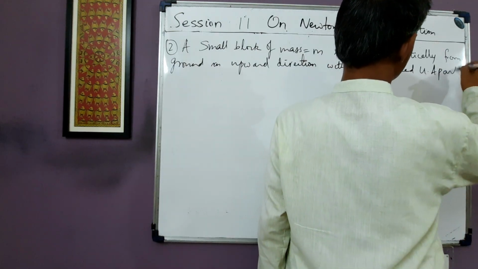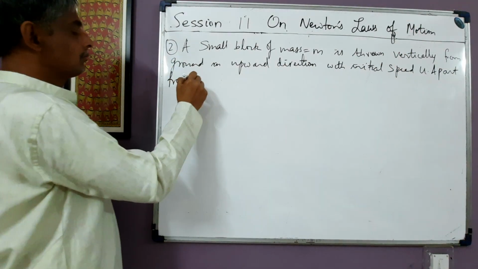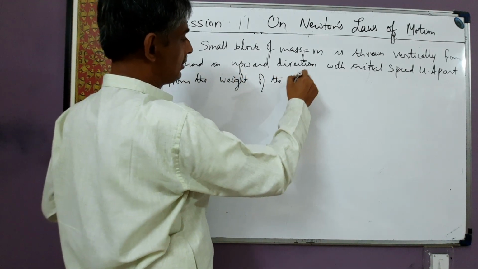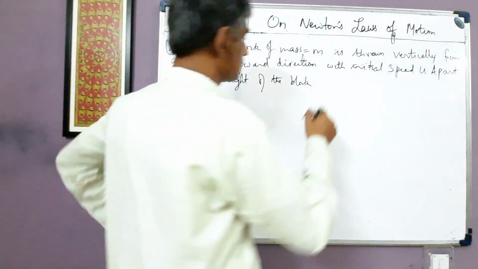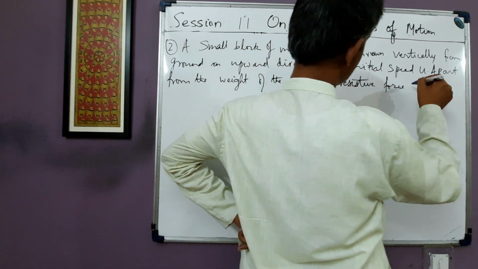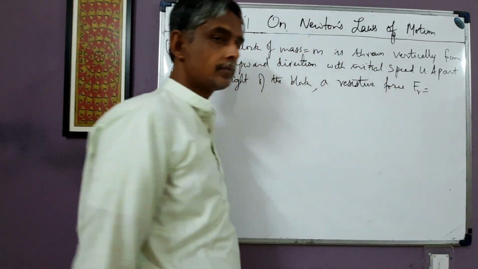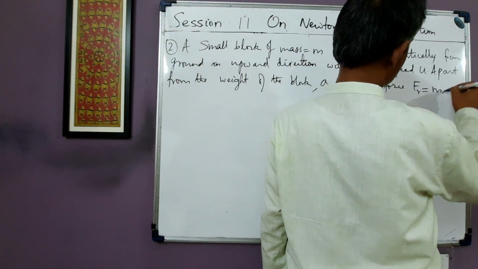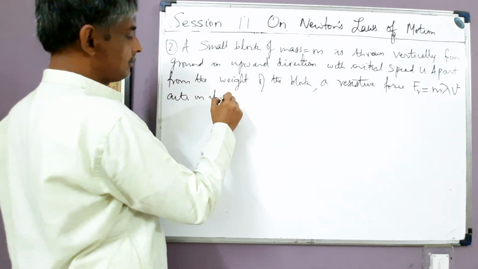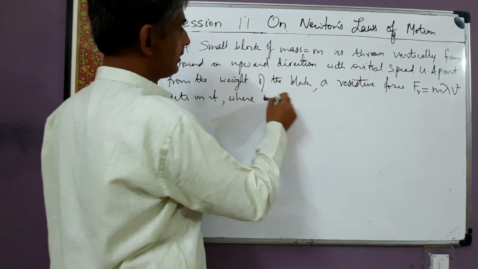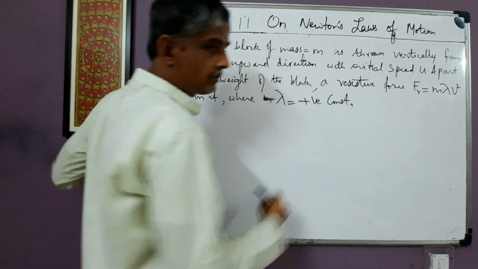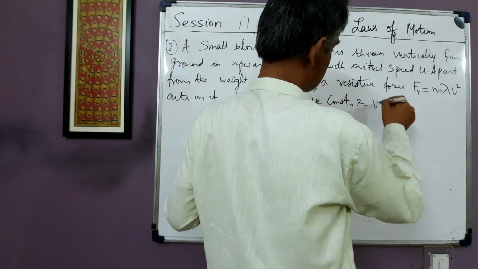Apart from the weight of the block, a resistive force Fr equal to m lambda v square acts on it, where lambda is a positive constant, and v is the instantaneous speed of the block.